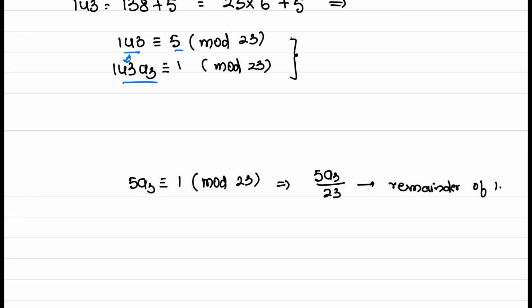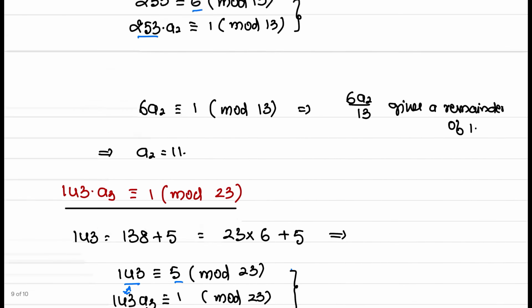So for A3, 5 into 14 is equal to 70, which is 23 into 3 plus 1, 69 plus 1. That implies A3 is equal to 14.